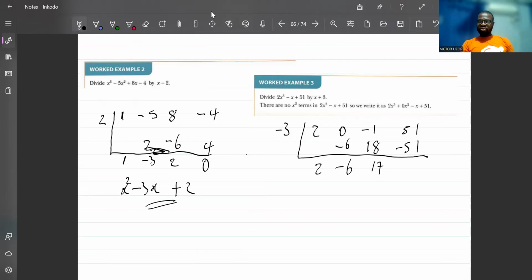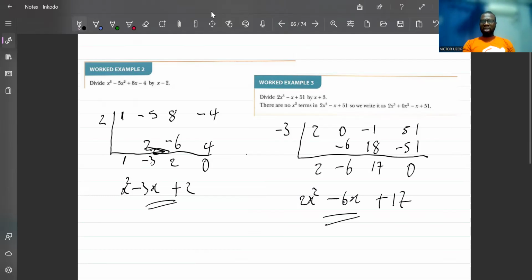So when we add it, it gives us 0. The highest power is 3, so the answer starts with power 2. My answer, 2x squared minus 6x plus 17. Simple. So synthetic division is relatively easier than long division.